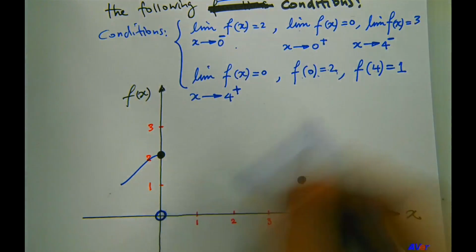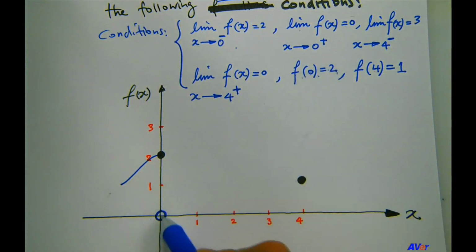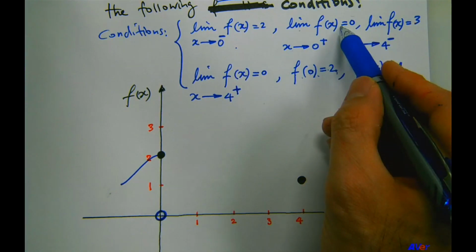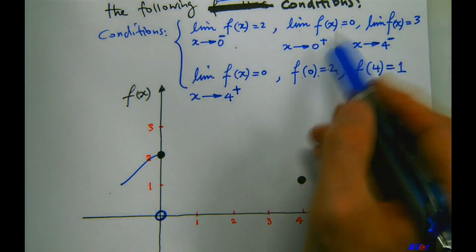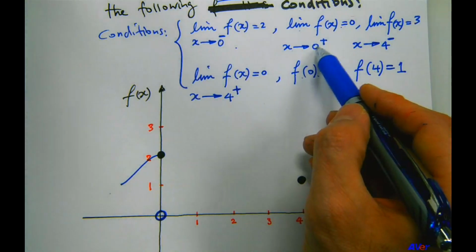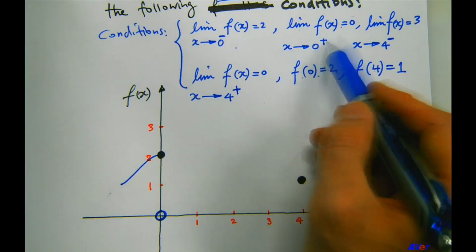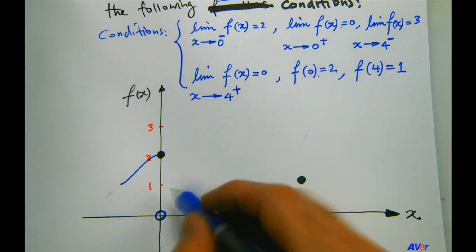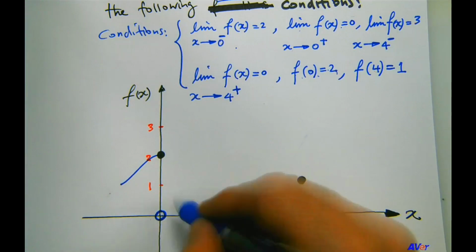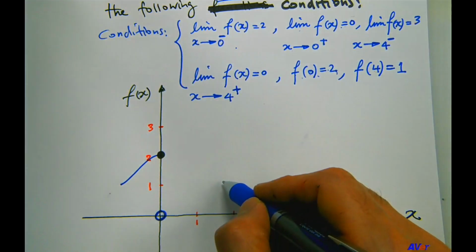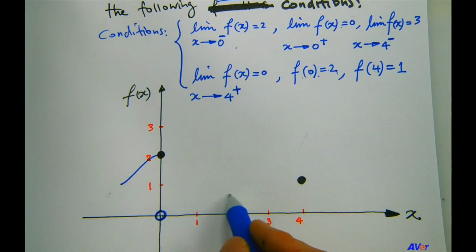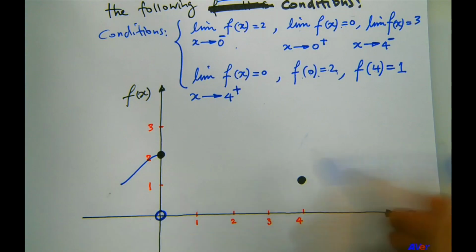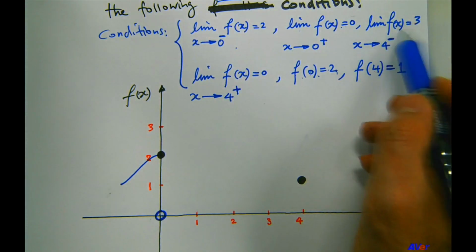Why? Because the function at 0 is equal to 2, not 0. So I'm going to leave it hollow like that. So this is just a limit. As we approach 0 from the right, the function value is approaching 0. So the next line I'm going to draw is going to be like this, or on that side. But how far should I go? Let's look at other conditions.